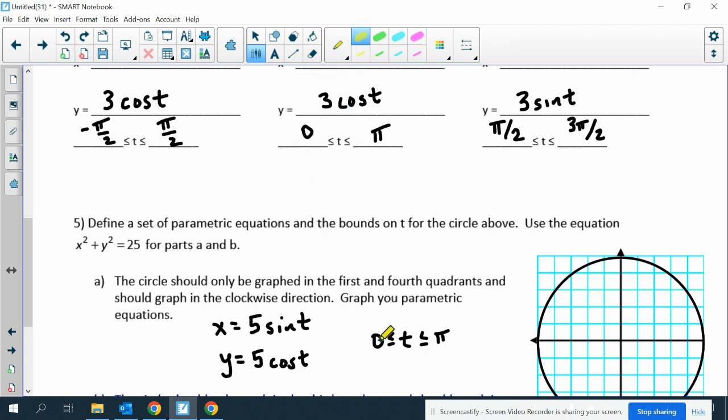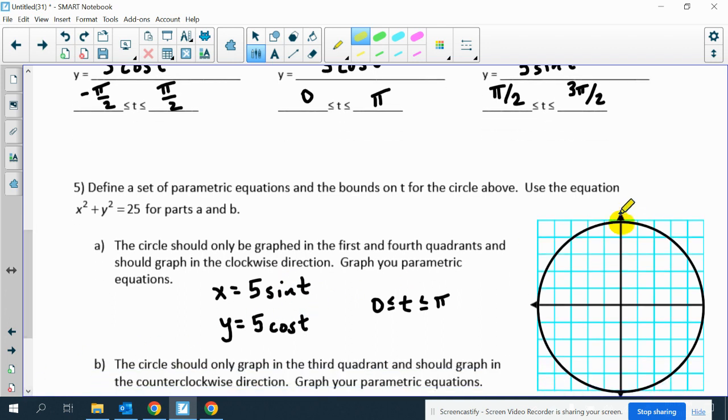So if I substitute in 0, notice I'm going to get 0, 5. And then as I substitute in values moving toward pi, that's going to move me clockwise around the circle, and it would only take up the first and fourth quadrants. So this meets the criteria that it asks me to.